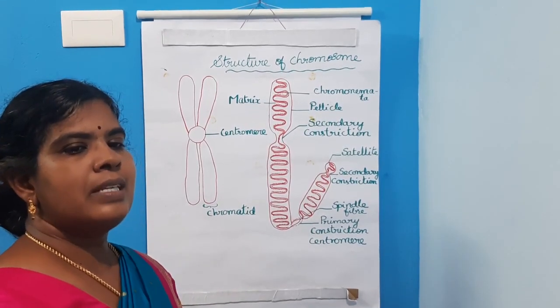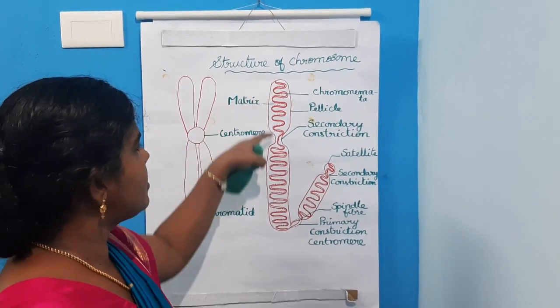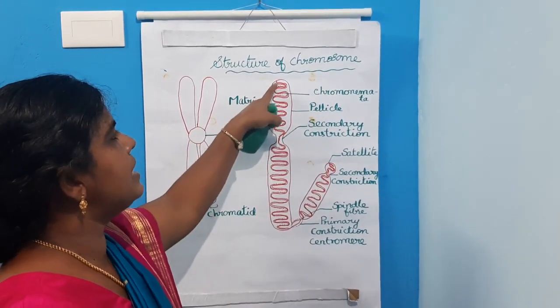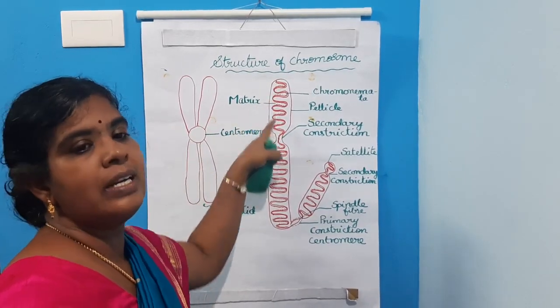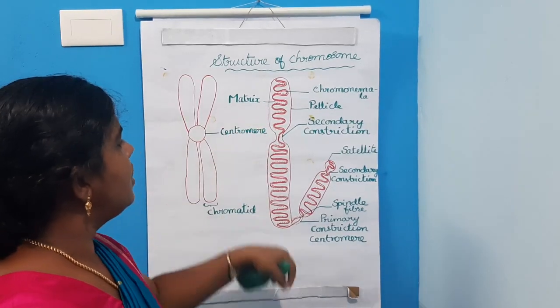Each chromatid is made up of a spirally coiled, thin structure that is called chromonema.